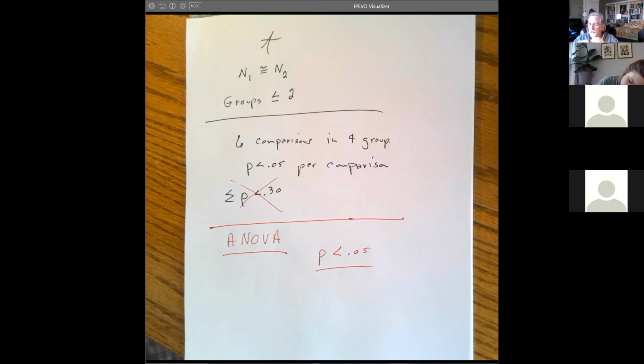Because you're doing 1 test, the error rate stays at 0.05 for all the different possible comparisons in there, because you're doing them all at once, all at the same time.